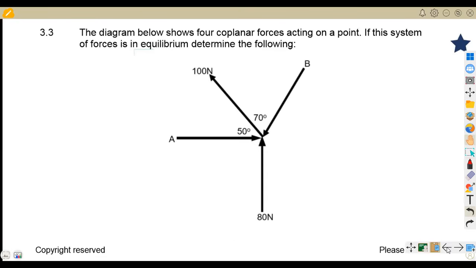Yes, we must know that if there is a force acting towards the point of contact here, if you are going in this direction, it means that is going to be a negative. All right, so to avoid the introduction of negatives, always take all your forces from the point of contact outwards. All your forces must be taken outward.